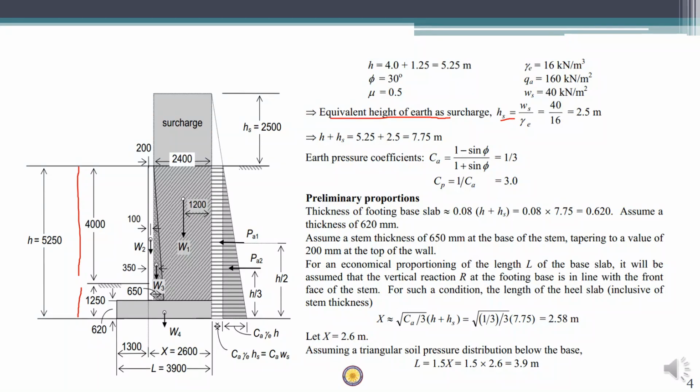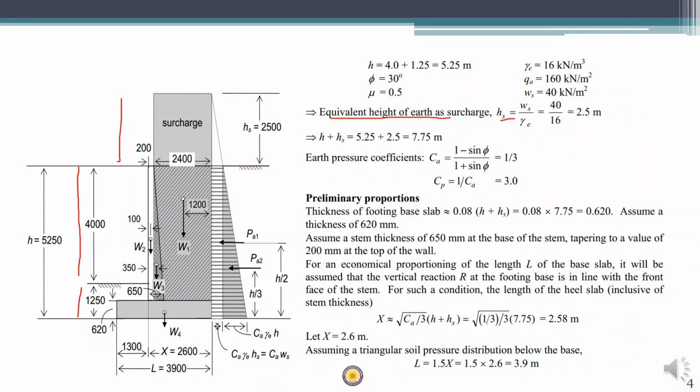The surcharge pressure will be the same as the pressure exerted by the soil, Hs into gamma. So we can find the value of Hs, that is Ws by gamma, which is 2.5 meters. So we have an additional 2.5 meter height of soil, which is to be considered as the surcharge height. The total height of the soil is 7.75 meters.